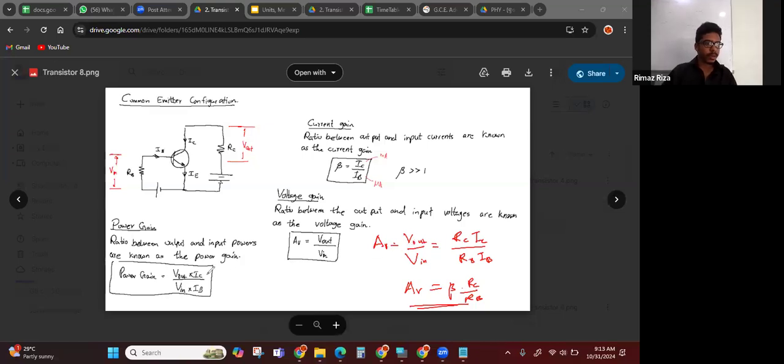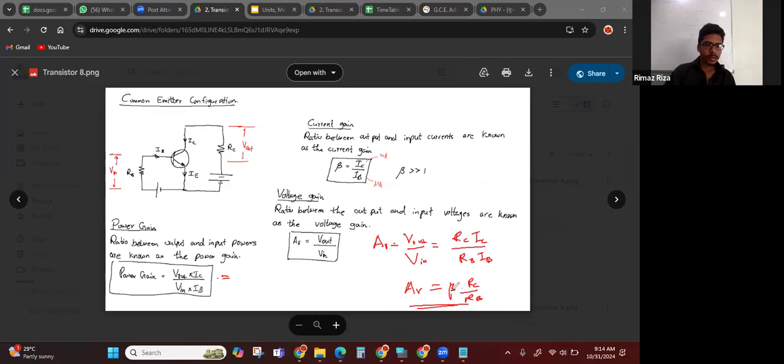And then you can calculate the power gain. Power gain is output power over input power, and power output is V out times I out, so it is V out over V in times I out over I in.